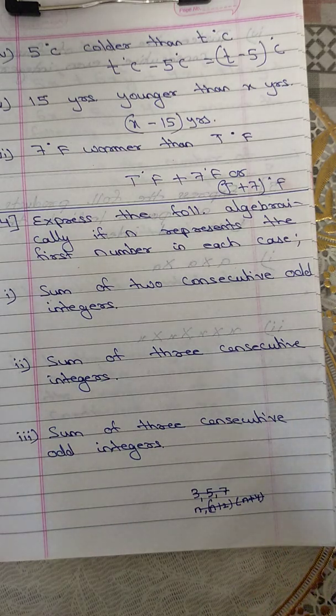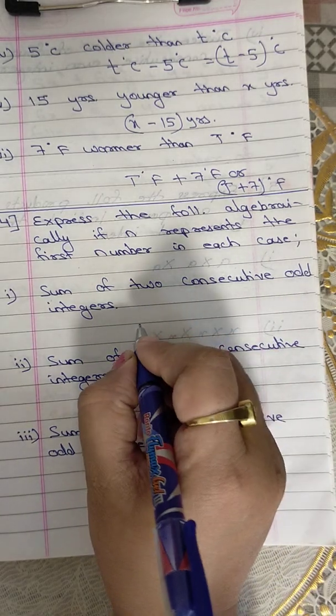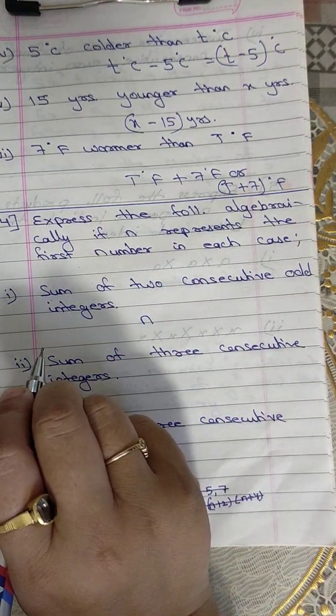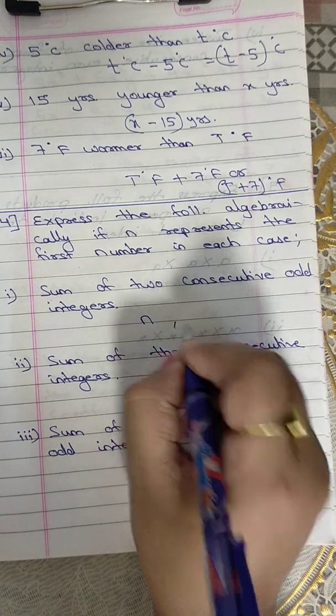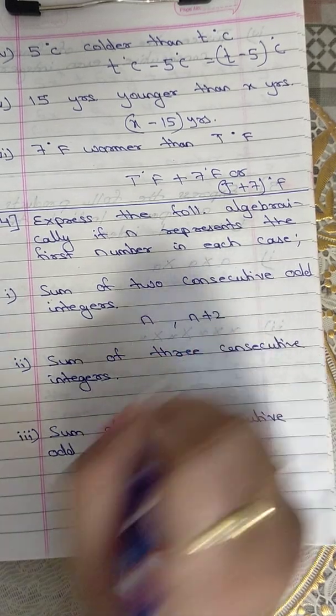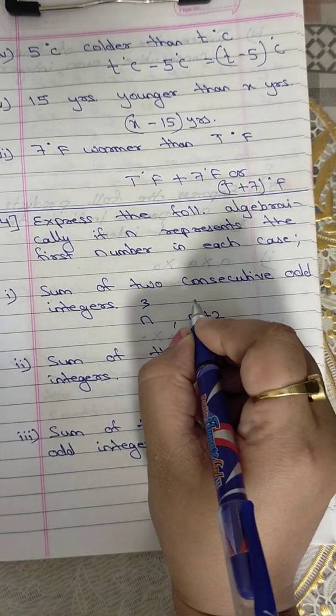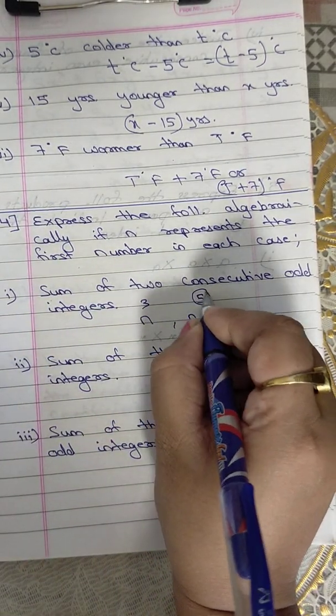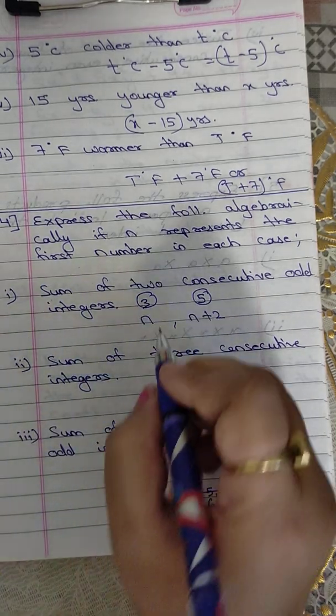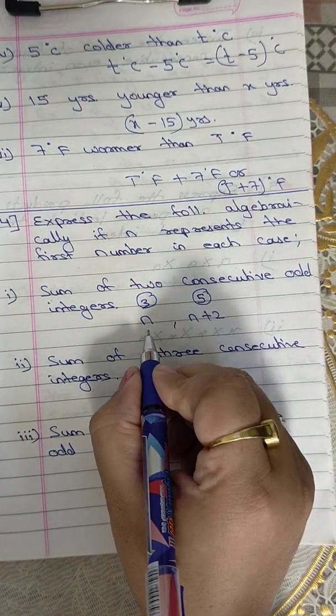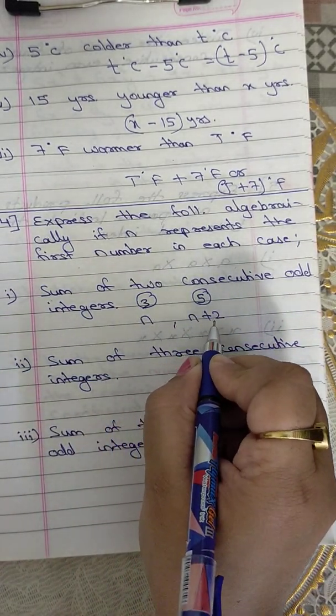So if you remember, there is a gap of 2 in between. So let the first number be n. What will be the second number? Whatever is the first number plus 2, isn't it? If the first odd number is 3, the second odd number will be 3 plus 2, 5, isn't it? So if the first number is n, the second number will be n plus 2.